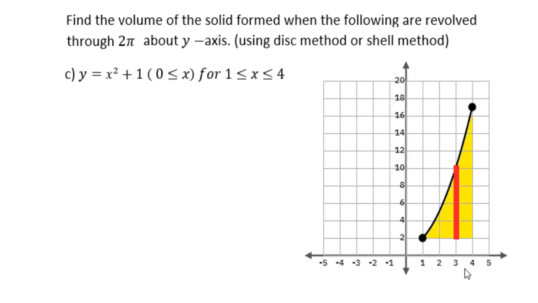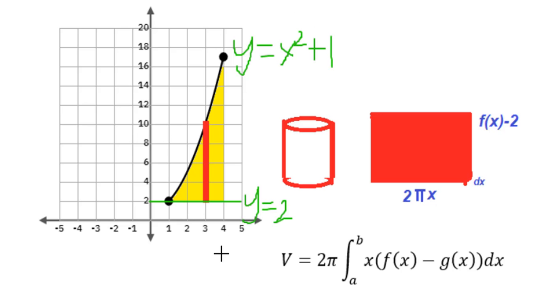So when we want to use the shell method, how do we figure this out? We know the shaded area is formed by two functions. One is y equals x squared plus 1. The other is y equals 2.